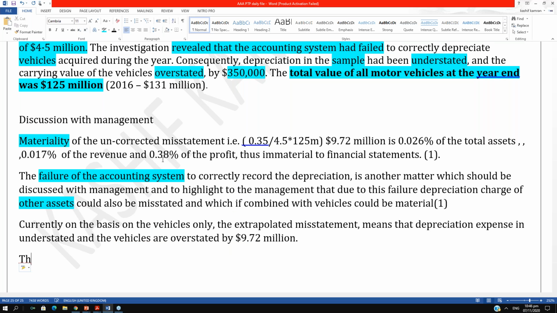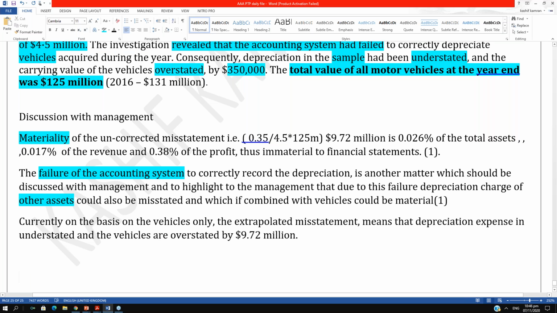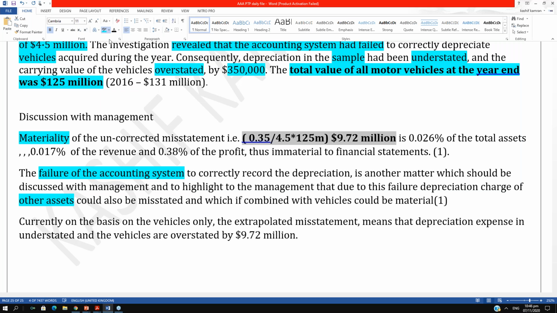Thus, okay, now just one thing I missed out, right? Did you calculate this value 9.72 million, or was it given in the case study?